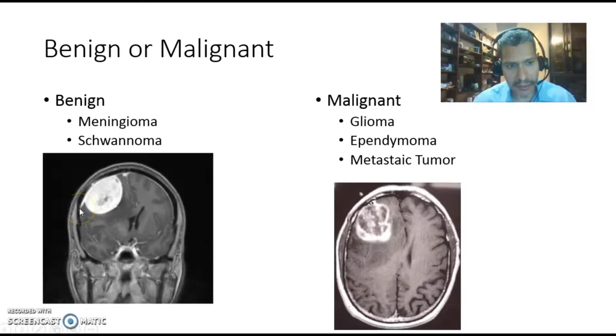There's not a lot of brain compression around it, and not a lot of edema, as opposed to malignant lesions, which include metastatic brain tumors, epidermomas, gliomas, including the very high-grade gliomas. And you can see an image of the glioma, which is very irregular, with mixed densities in the tumor, and a lot of swelling or edema with mass effect of the tumor. So those are some of the main features between the malignant and benign lesions.